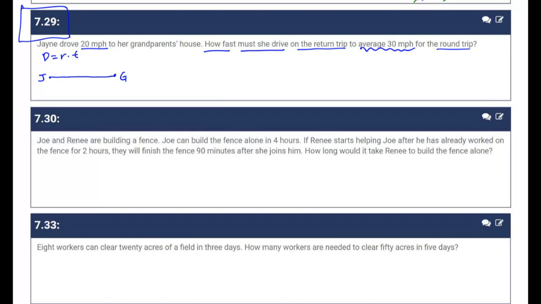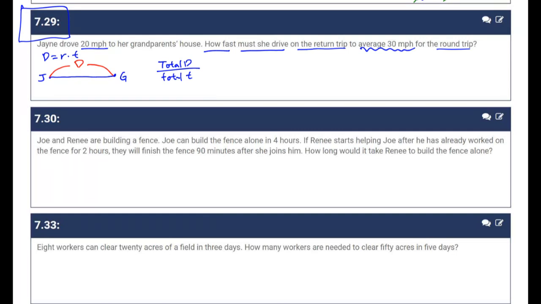Now, in order to find average rate, you have to divide the total distance by total time taken. Now, what's the total distance? Let's say this distance between Jane's house and grandparents' house, we don't know it, so it'll be d, some unknown distance, right?